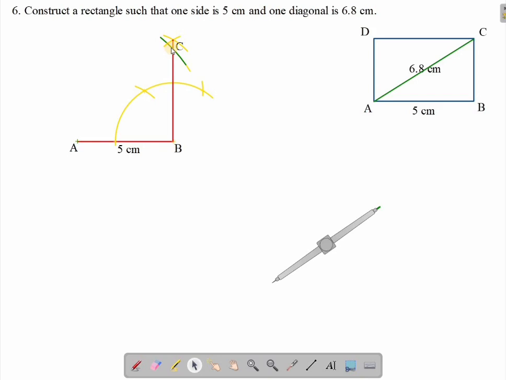Now at C, I'll keep my compass. By the way, you tell me how much is this gonna be. If this is 5 centimeter, this will also be 5 centimeter. So let me first make the compass 5 centimeter. And then we will keep it at C. Now we will draw an arc like this here.